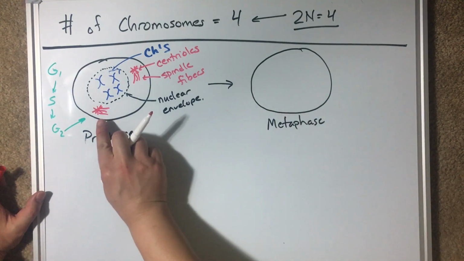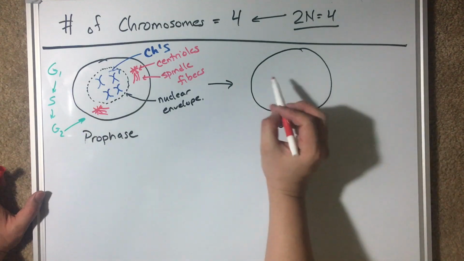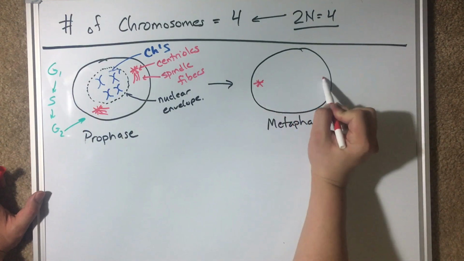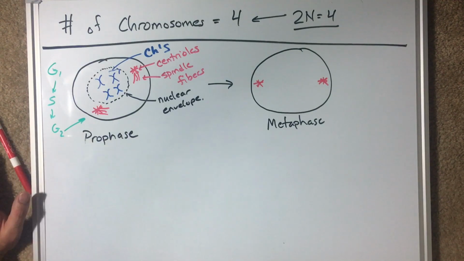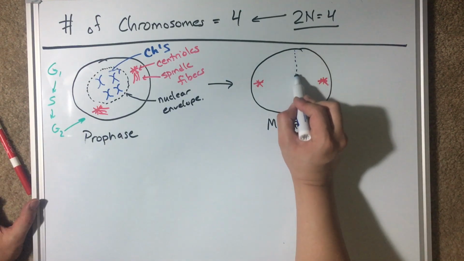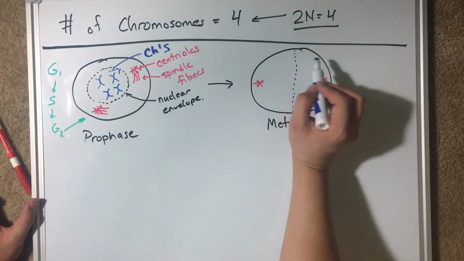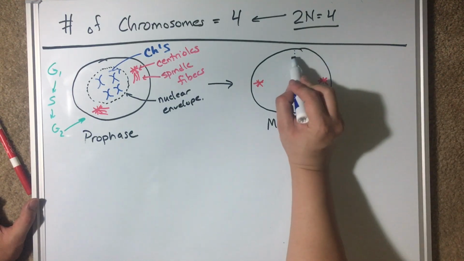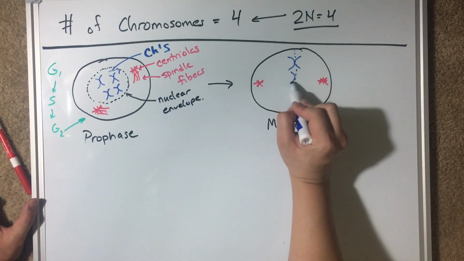Those little centrioles and spindle fibers that we drew earlier have migrated to opposite poles of the cell. And the chromosomes have now lined up at the center right here. This is an imaginary line. It doesn't exist in the cell. It's just an imaginary line to help you see it. But all the chromosomes, as you can see, are now lined up at the center.